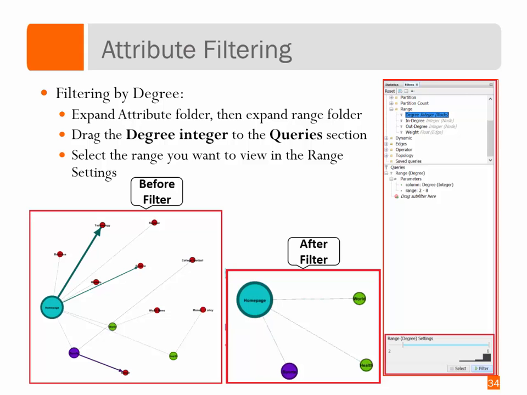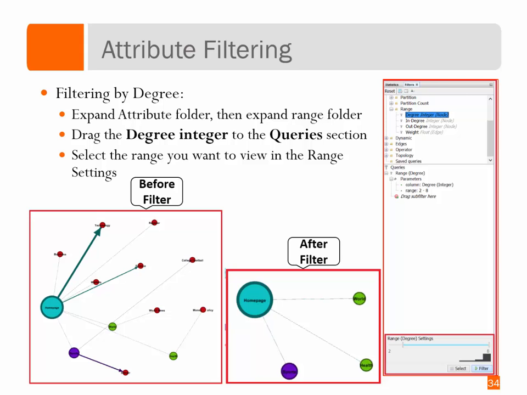Over in the right-hand side of the screen there, we click on filter, click on attribute, and then we're going to define within the range folder. And then we're going to drag this degree integer down to the bottom to the query section. Once we drag it to the window pane underneath, it's now part of the query.